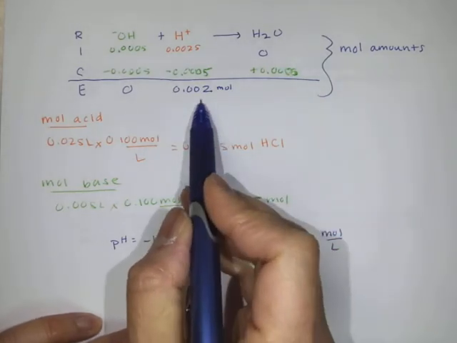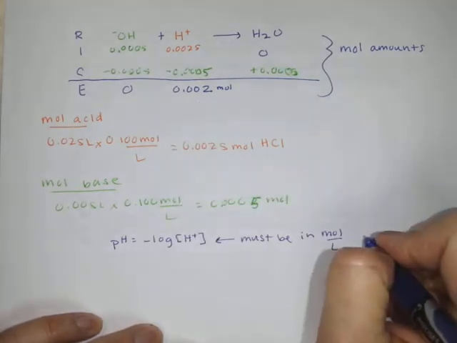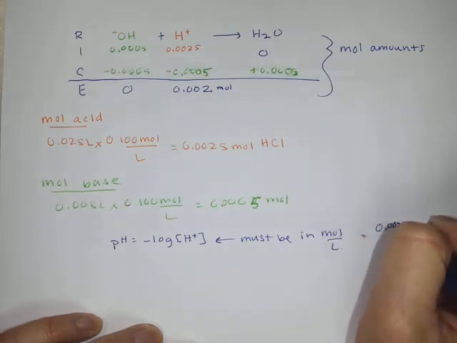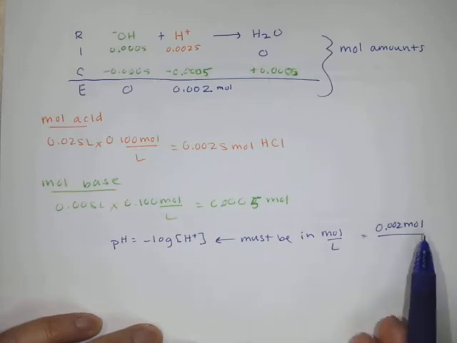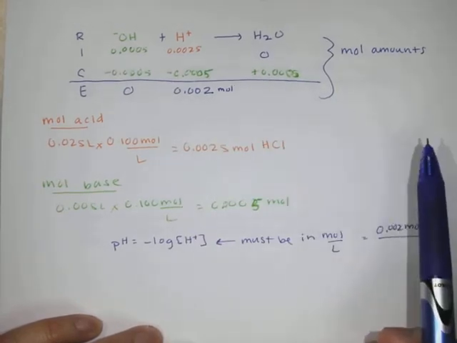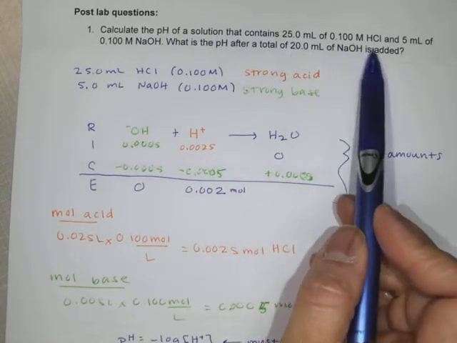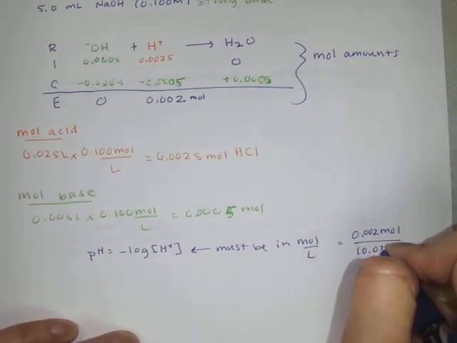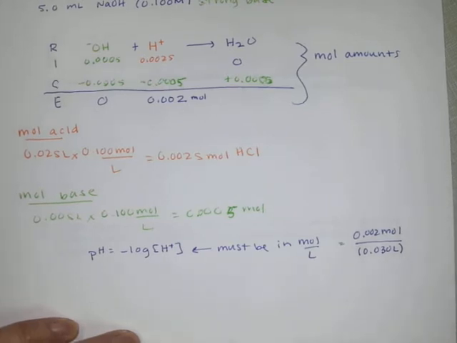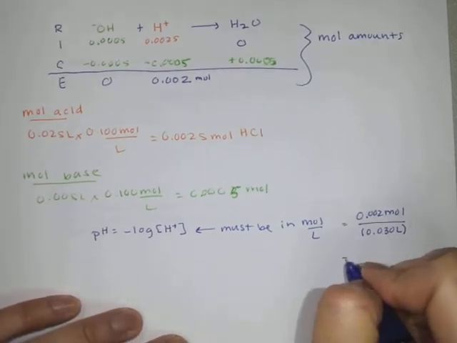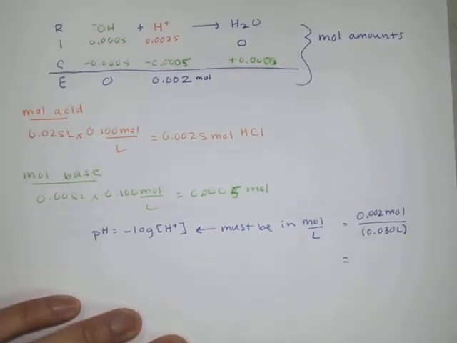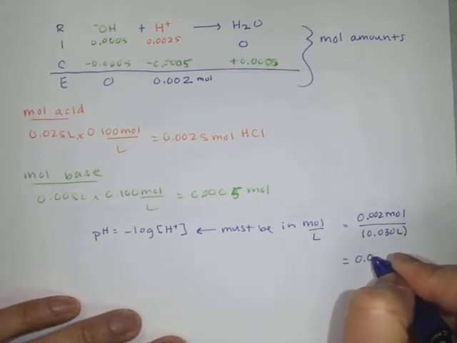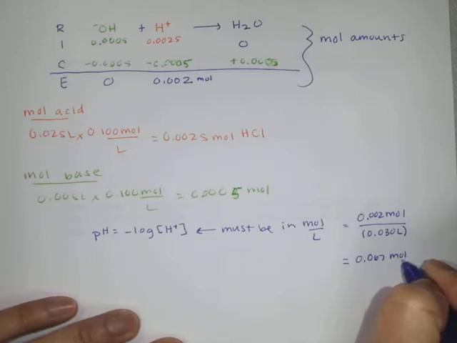So we have the number of moles, 0.002 moles. And the liters, our volume, is the total volume that was added. So we had 25 mils plus 5 mils, so this is 0.030 liters. So we're going to divide that. The concentration here is 0.067 moles per liter.